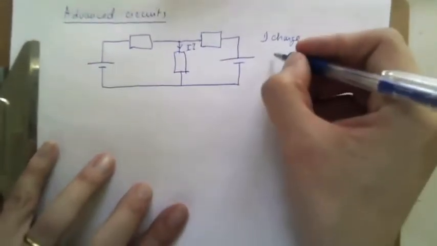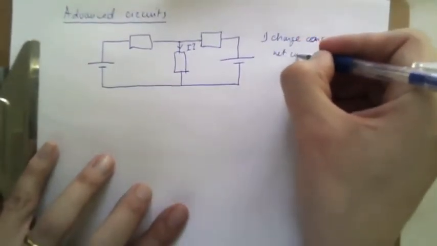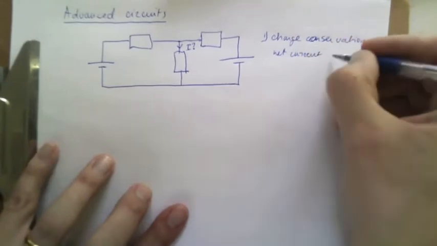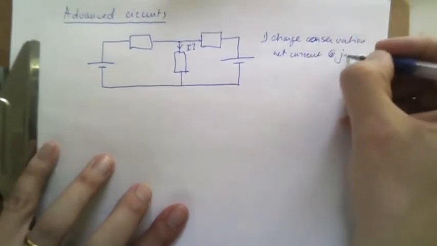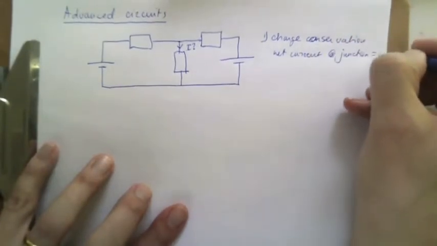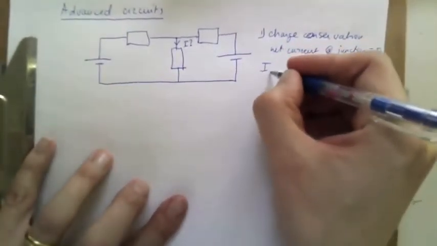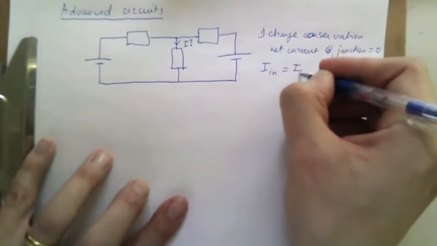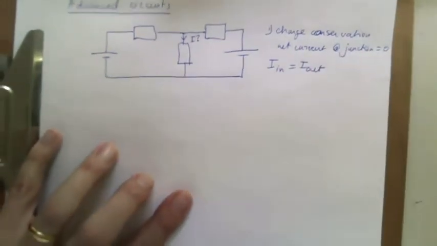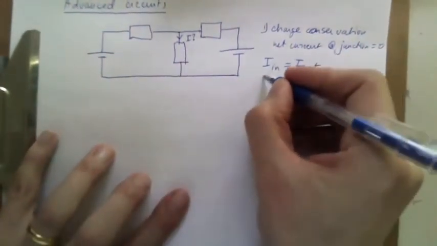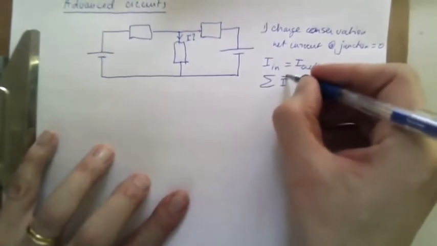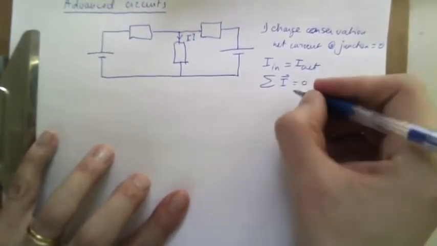So that means that the net current at a junction equals 0. Or if you want to call it the other way, I in is I out. Or if you want to be fancy, the sum of the current vectors is 0.